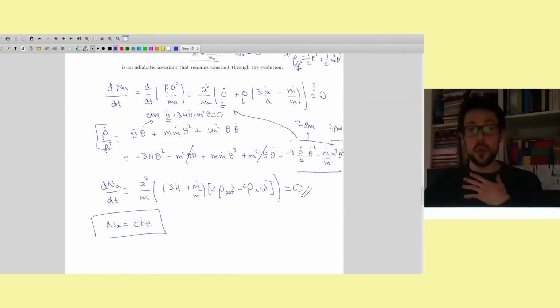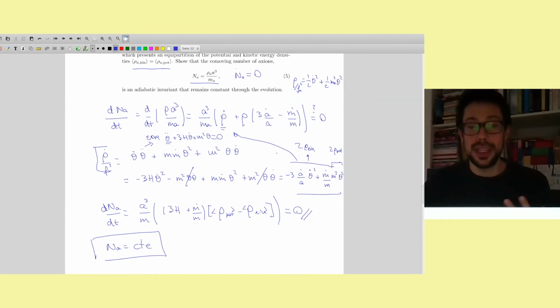And therefore, in order to compute how big the energy density is in terms of axions, we don't need to track the whole evolution of the axion, but we can just compute this quantity at the beginning of the oscillations, and then we know that this quantity will be completely equal nowadays. And therefore, in this way, we can compute how much is the axionic relic density today.